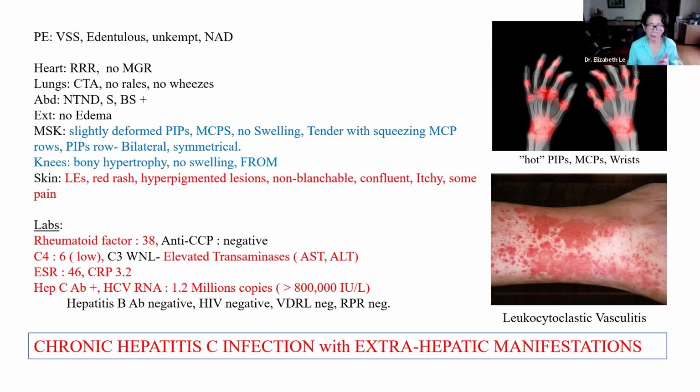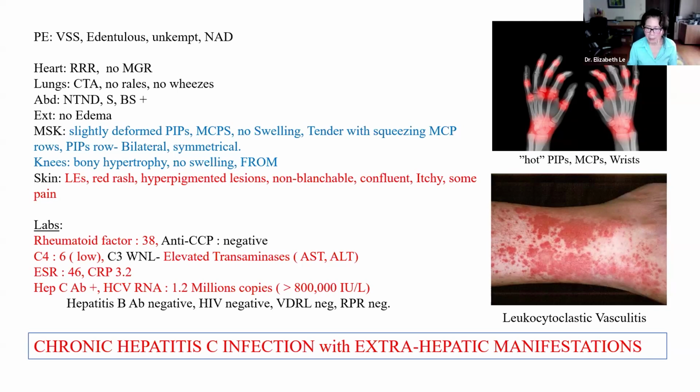So he definitely has chronic and acute inflammation. Hepatitis C antibody positive. HCV RNA is 1.2 million copies, highly positive. Hepatitis B antibodies negative, HIV negative, VDRL negative, and RPR negative.